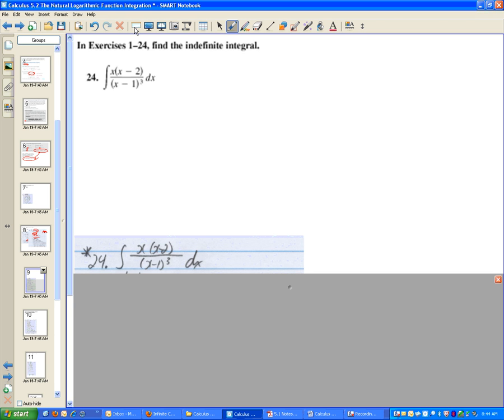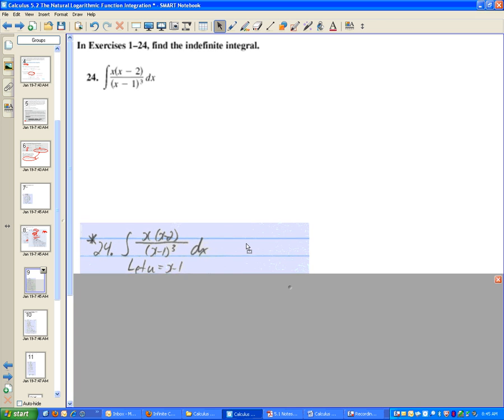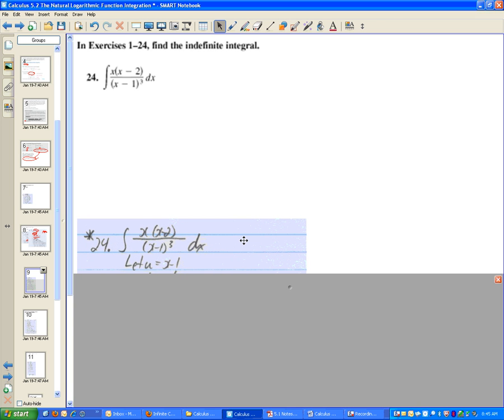In fact, I can't because I'll have an x cubed on the bottom if I multiply all that out. All right, so I'm going to have to find a u that works. See two quantities. I see one of the quantities in the denominator and with an exponent. So which quantity am I going to try first? The one in the denominator with an exponent. So let u equal x minus 1.